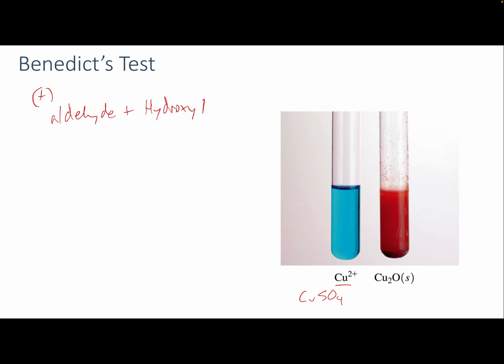And when we add this solution, if there's an aldehyde there and we heat this, then a brick red compound of copper oxide forms, copper 1 oxide. And so the solution will go from being blue, because of the copper, to being red. And so this test is usually negative for simple aldehydes and ketones.